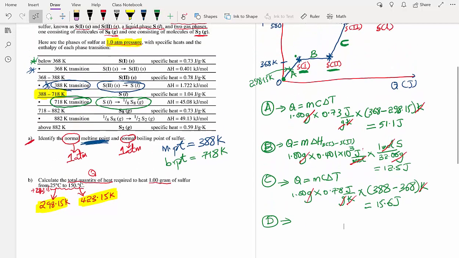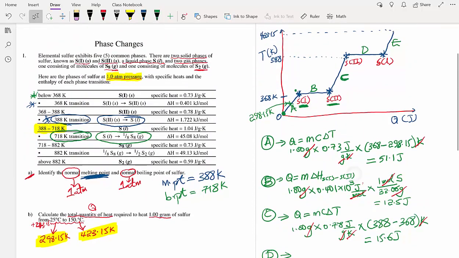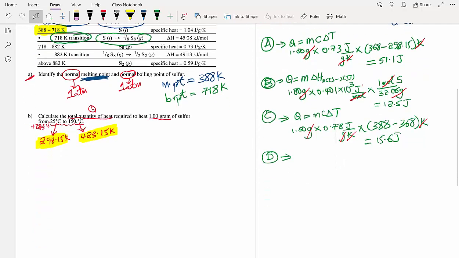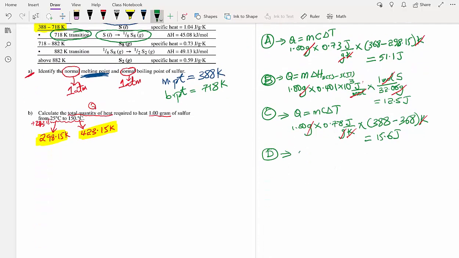Let us now proceed to stage D. In stage D, as can be seen from the curve, the temperature is not changing. However, sulfur is transitioning from the solid state into the liquid state. So Q will be equal to mass multiplied by latent heat of fusion, which is another way of saying that melting is occurring.